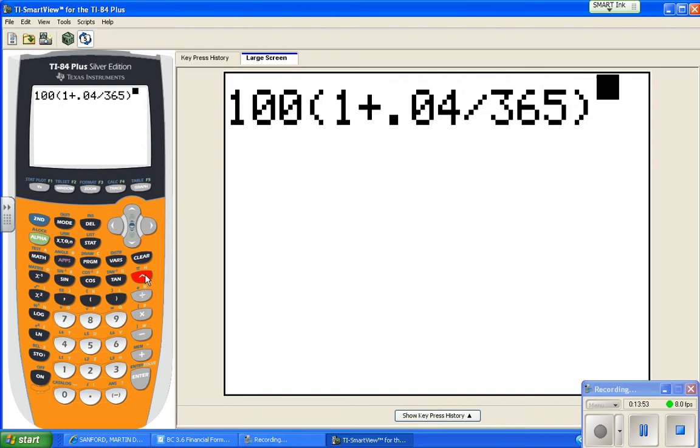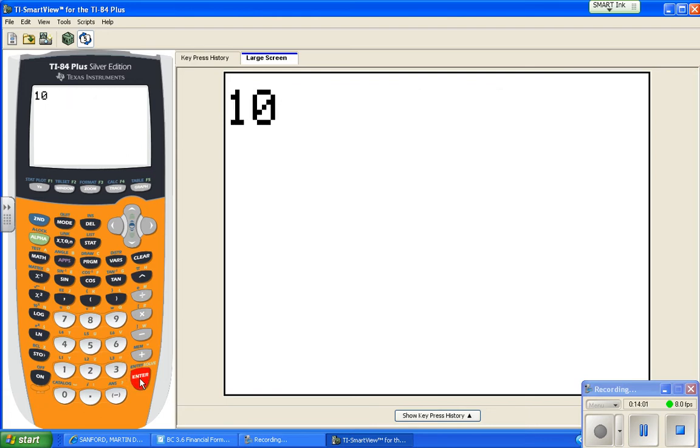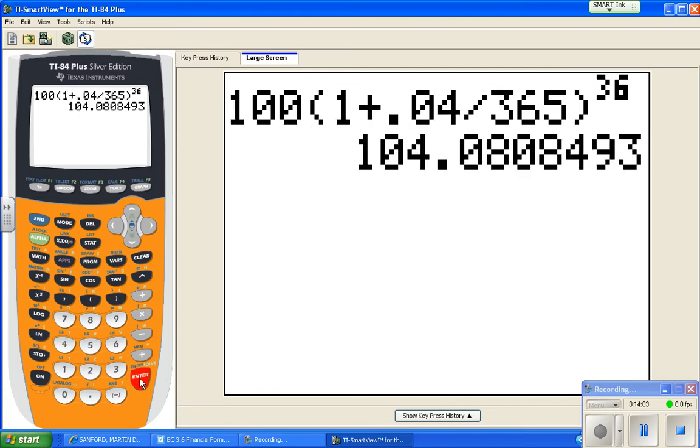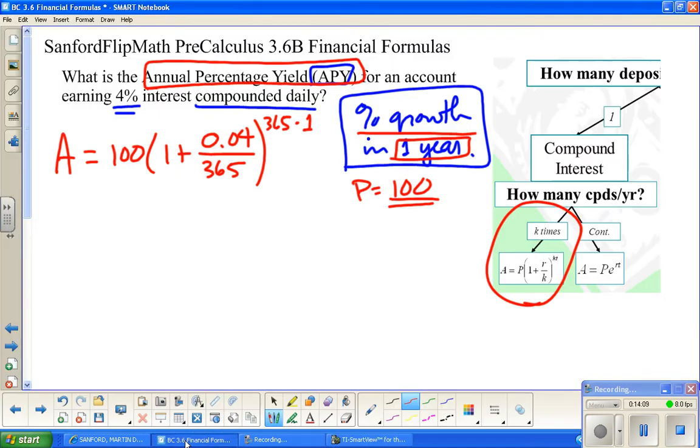This is on the new system for the TI-84, so I don't really need to anyway because it's going to hold it all in the exponent. But it was 365 times 1, which is just 365, so I'm just going to type that. Okay, so this says 104.0808, and then even more stuff.